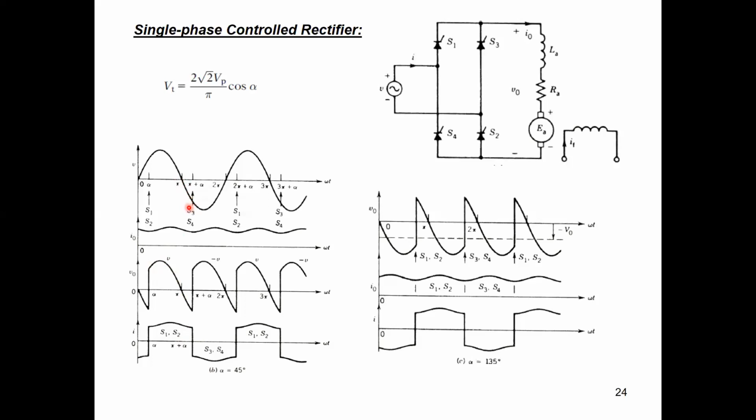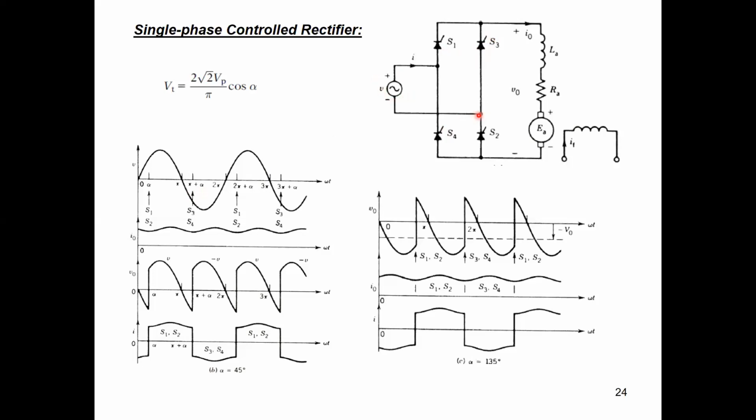But when we apply a firing pulse at this instant to thyristors S3 and S4, S3 and S4 will make a short circuit across the switch itself. As you can see, the voltage is now positive, because the supply voltage is reversed.